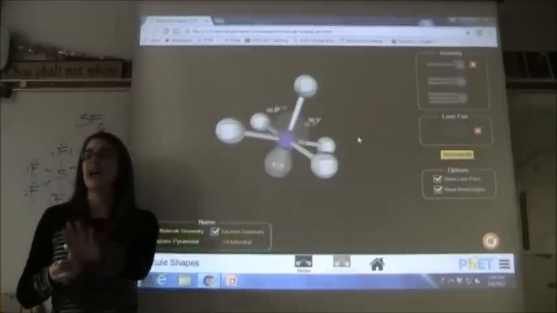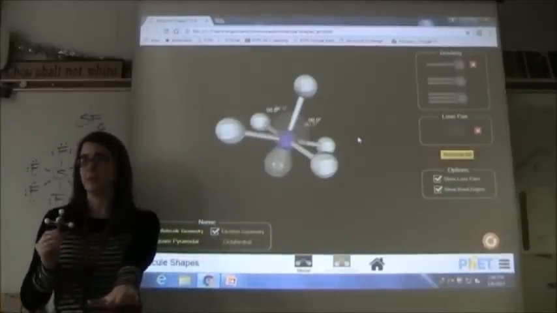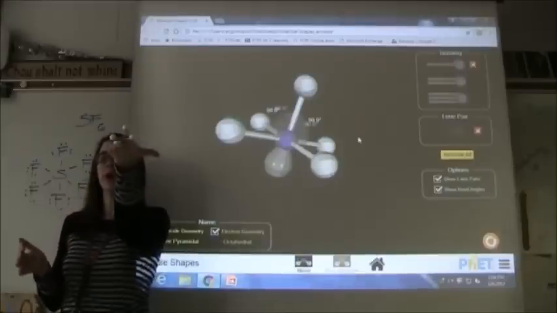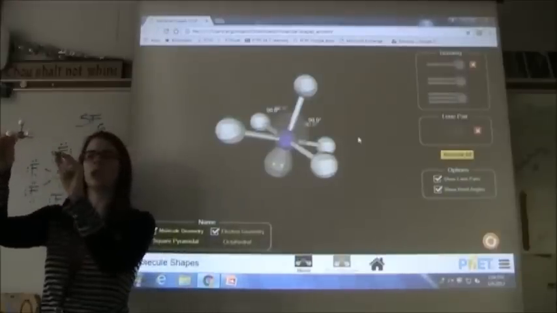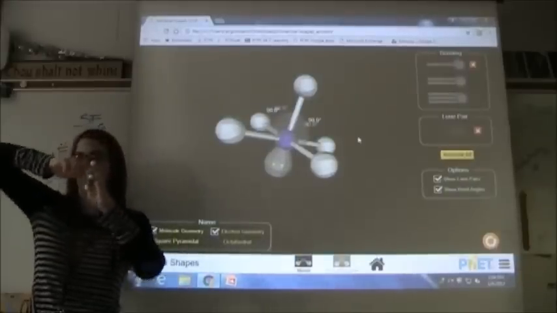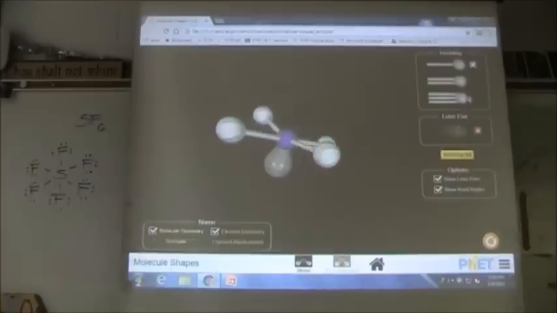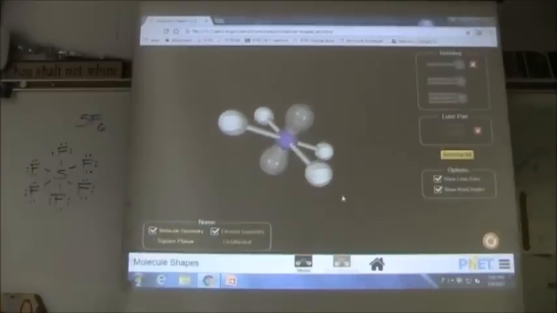The next shape is the last one you're responsible for knowing. If I have to pull off one more, which one do you think I should pull off here? Top. You got it. Top. Okay, so let me do that up here. Let's get rid of one of these shared pairs and add a lone pair.